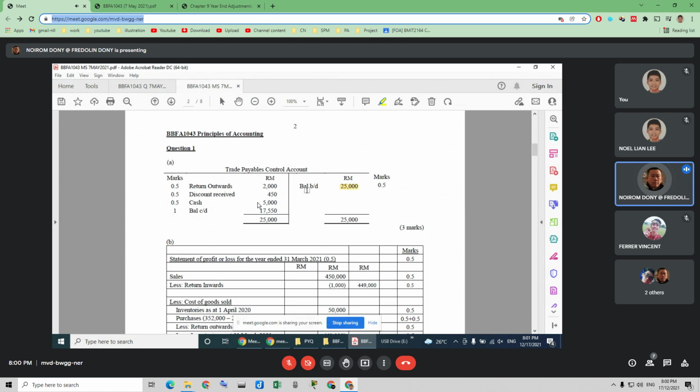Reducing the liability, meaning it should be debited in the trade payable account. So we record 2,000 on the debit side of the trade payable control account. And in the particulars, you write down return outward, because the double entry is we debit trade payable control account and credit return outward.